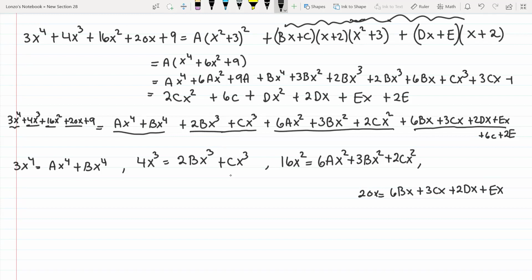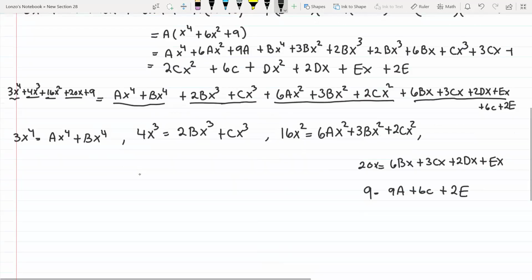And then finally, the constant: 9 equals 9a plus 6c plus 2e.